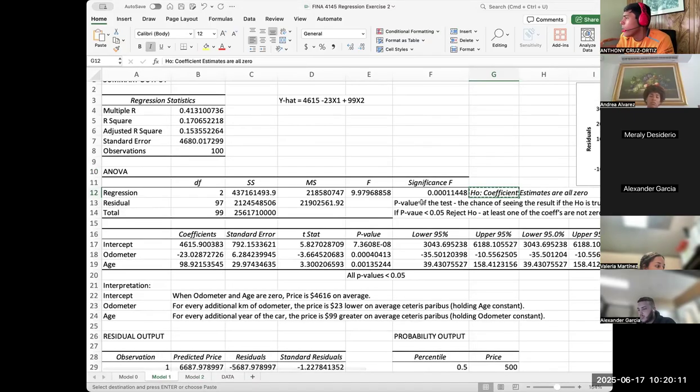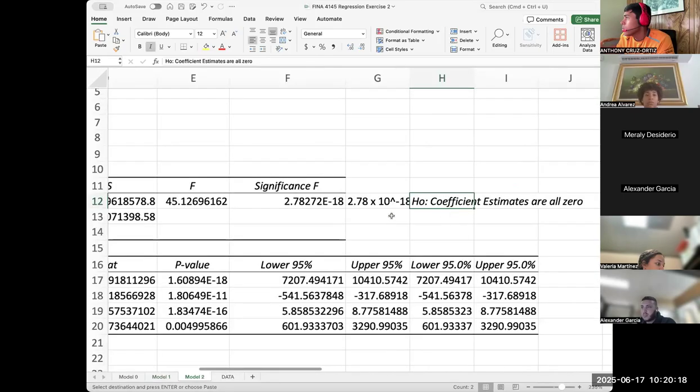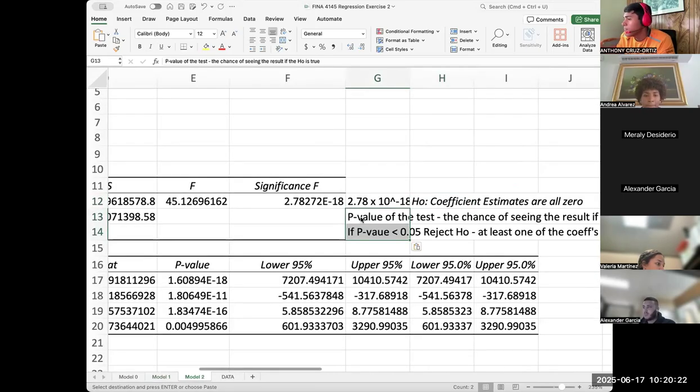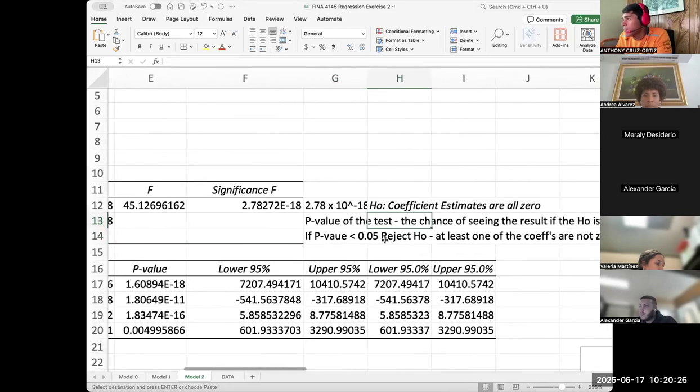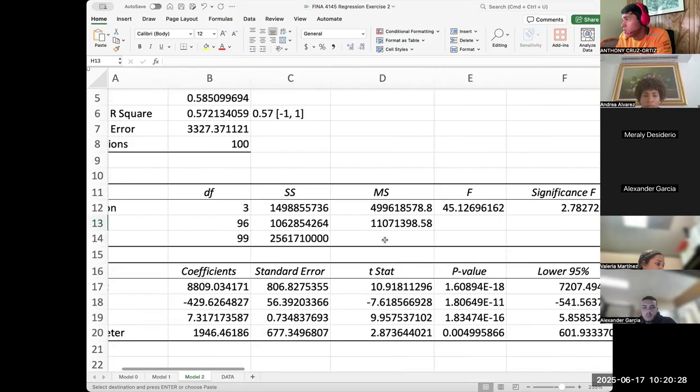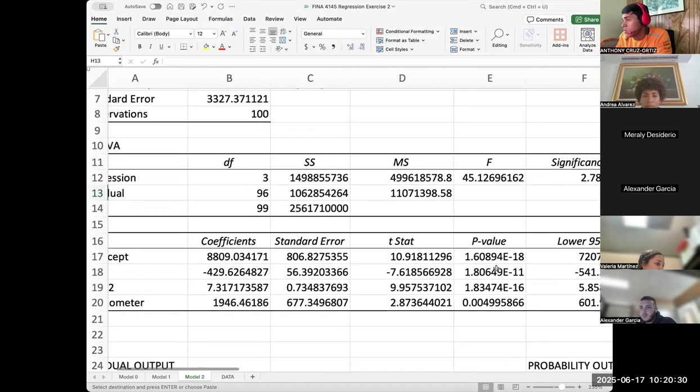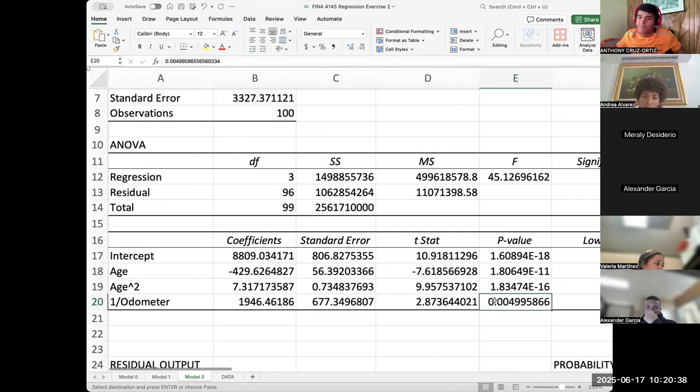And then all this stuff I was saying here. So at least one of the coefficients is not 0. So now we go and look at each one. Look at the p-values. They're all smaller than 0.05, right? So everything is significant. All the variables are significant.